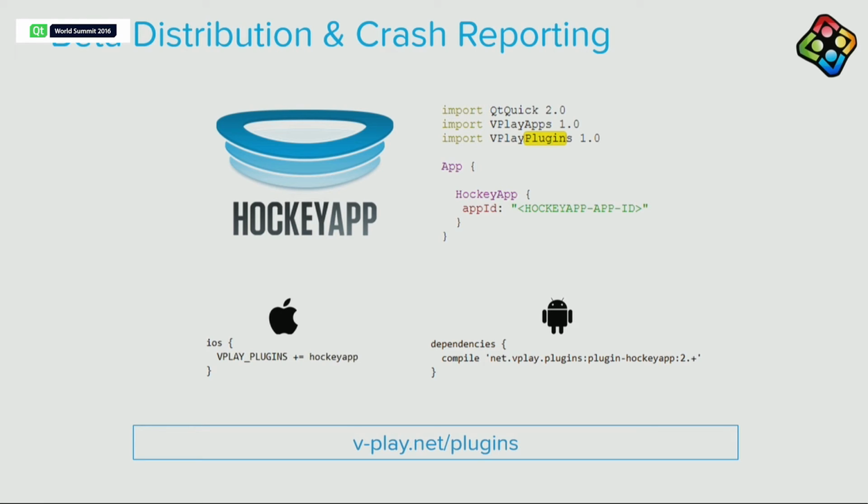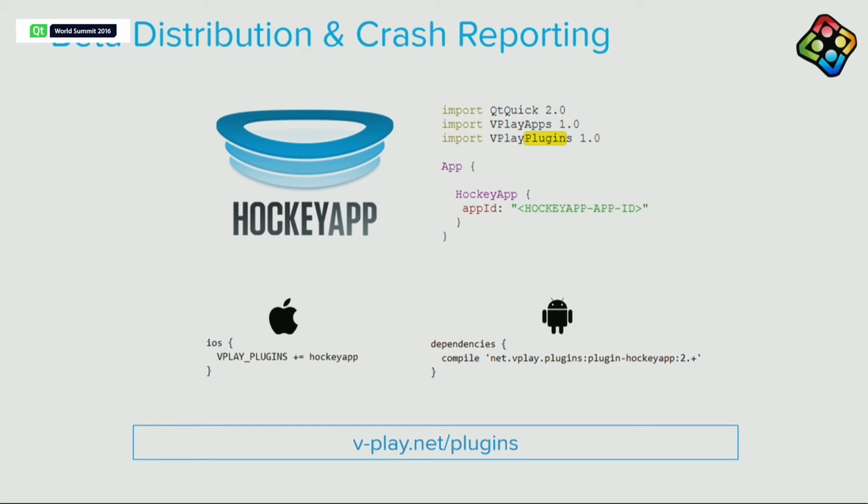There's a range of plugins that we are supplying, and the way this works is that we take a third-party SDK or service and wrap it so you can use it from QML. The way you use it is pretty simple. You just add a one-line import statement, import VPlay.plugins 1.0, and then you can use this QML item in your application. So source code-wise, this is just 3 or 4 lines.